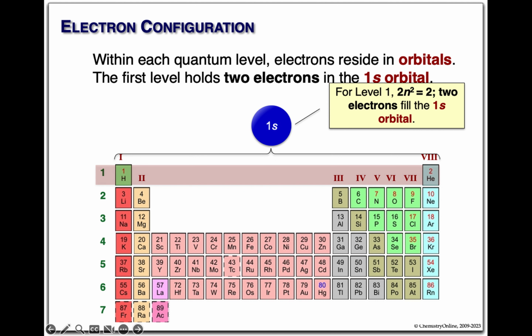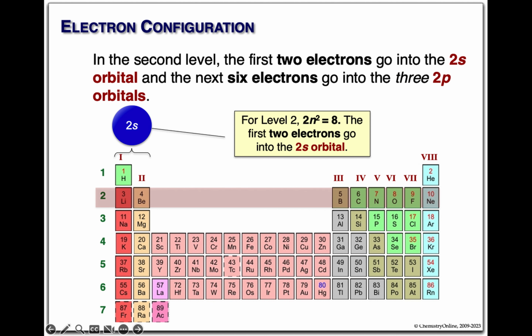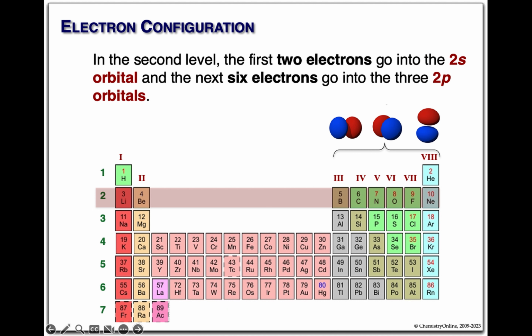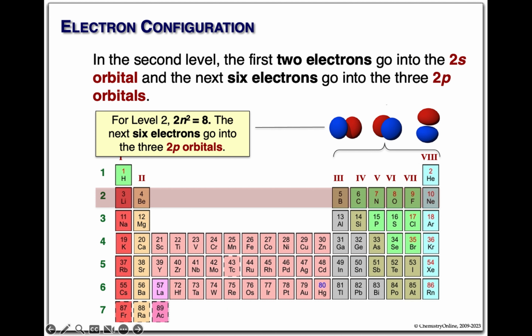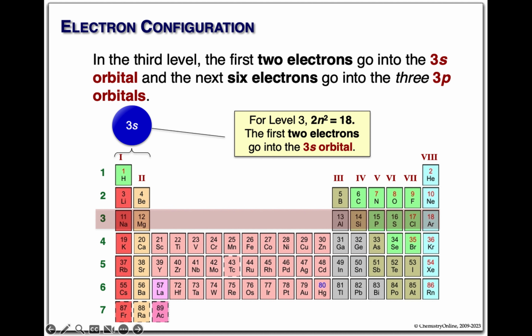When we go to the second period, the first 2 electrons will go into the 2s orbital. Once we fill that one, we bump over to here, and the next 6 electrons go in the 2p orbitals. Third looks very much like the second. First 2 electrons go into 3s. Next 6 go into 3p's.